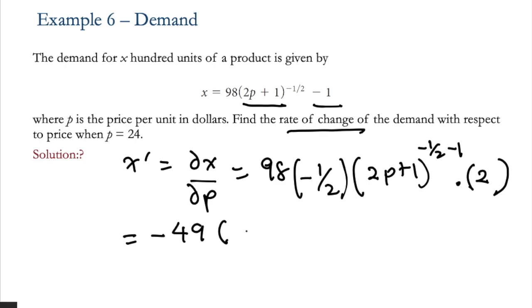And then here, 2p plus 1 to the power of minus 1 half minus 1 becomes minus 3 over 2. Actually, I forgot that there is this 2, so I don't have to multiply by 2 again. So minus 98. So we are left with that.